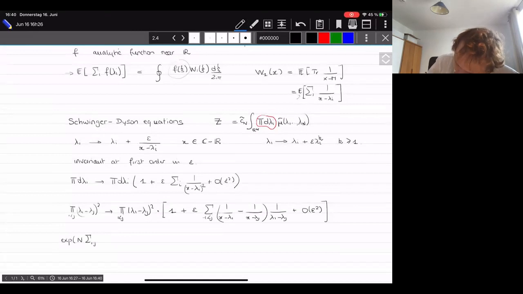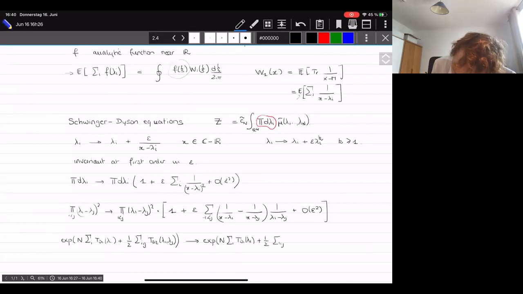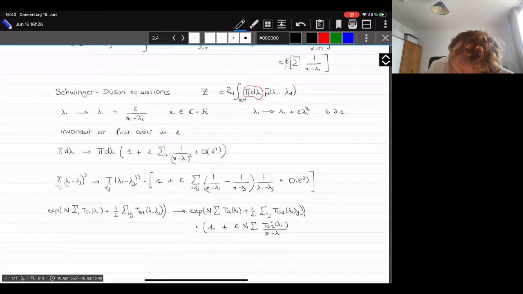And then I have these terms. And again, we do that with the log derivative. And so this times 1 plus, at first order, I'm going to have n sum over i t_1 prime lambda i over x minus lambda i, and the term coming from variation of the t_2.